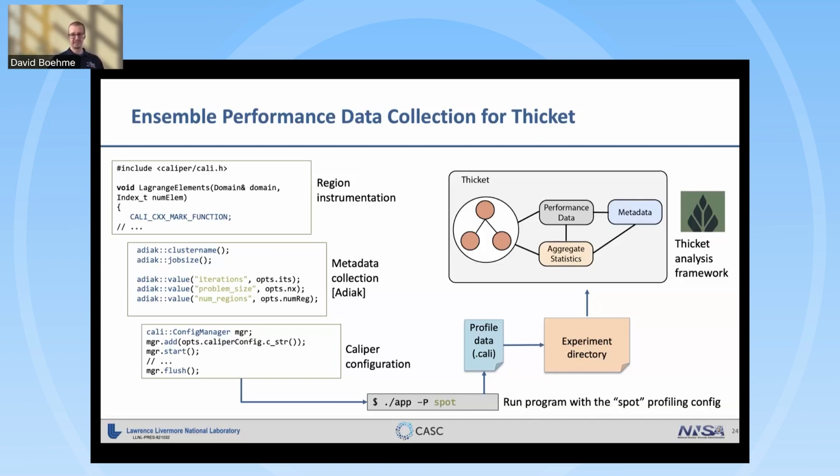You're doing this for a lot of different runs. You can throw all these files that Caliper produces into a single directory and then point Thicket at that and do your analysis of all the different data that you have collected. And of course, Stephanie is going to tell you more about Thicket later on.